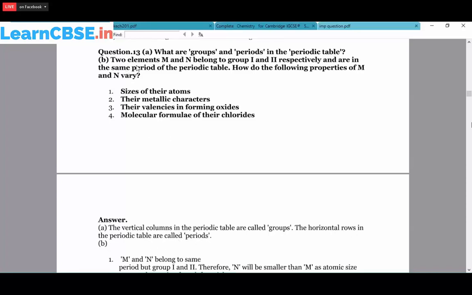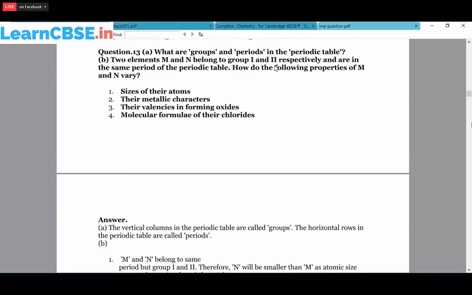Next one. The two elements M and N belong to group 1 and group 2 respectively and are in the same period of the periodic table. How do the following properties of M and N vary? M and N are present in group 1 and group 2. So M has one electron in the outermost shell and N has two electrons in the outermost shell.